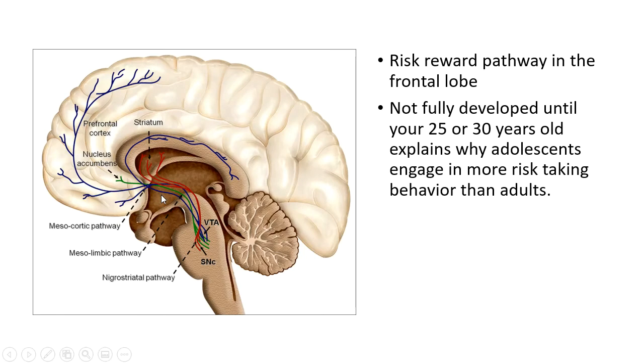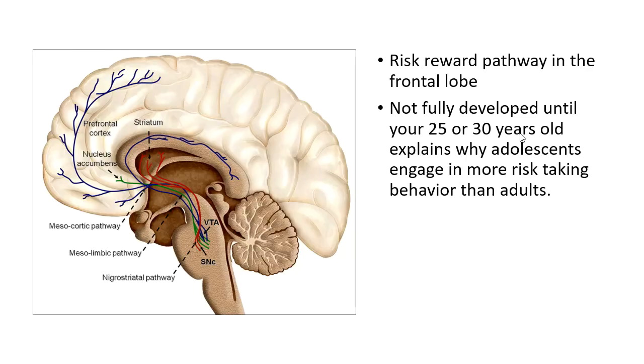Another cool area of the frontal lobe is the risk reward pathway. It goes through the prefrontal cortex all the way up here. It's basically your ability to judge the risks and rewards of certain behaviors, like gambling and things like that.